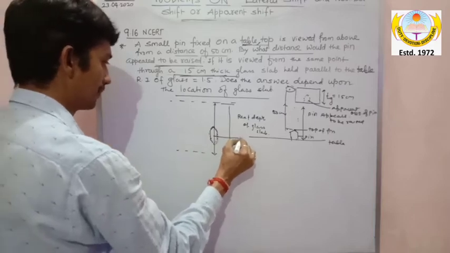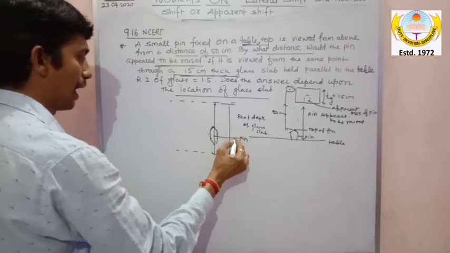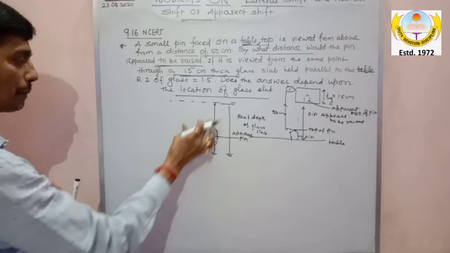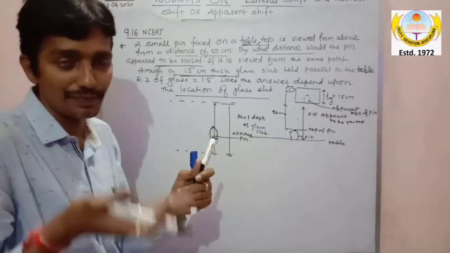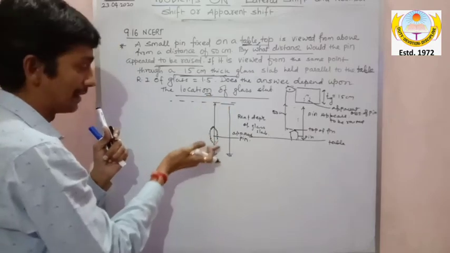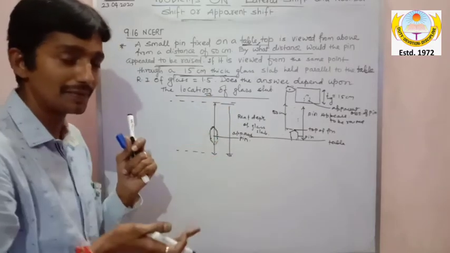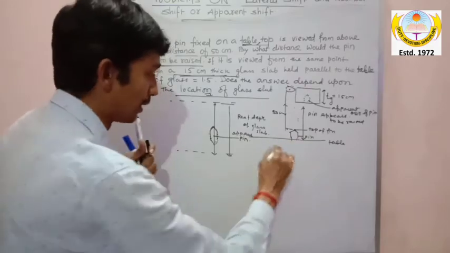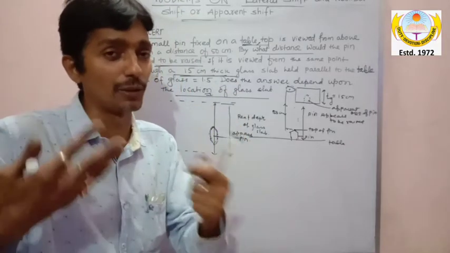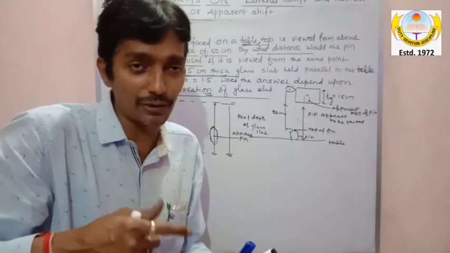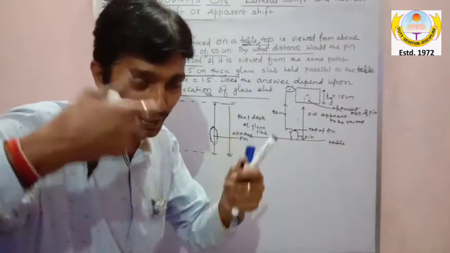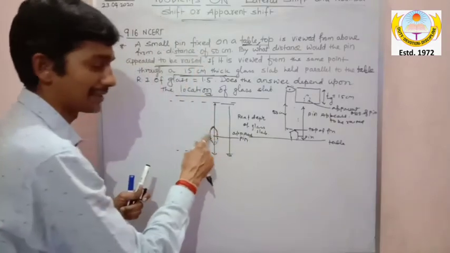Here is the apparent pin, appearing in the glass slab. When you view from the air, my dear, it will appear apparently raised up in the glass slab. It will not be seen stuck on the table. See, what I am saying practically, for the numerical: when you view through the glass slab, you will not find that it is fixed on the table. You will find the image of it apparently in the glass slab like this.